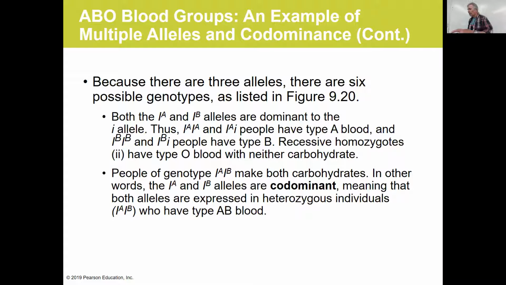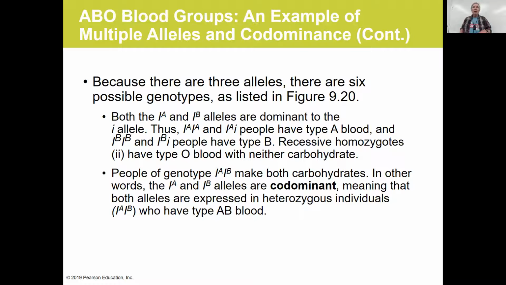Because there are 3 alleles, there are 6 possible genotypes. And they use small i here also to designate the O allele. So you can have a genotype of A, i, and your blood type is A. So big A, big A, i is blood type A. Blood type B, big B, or big B, i.